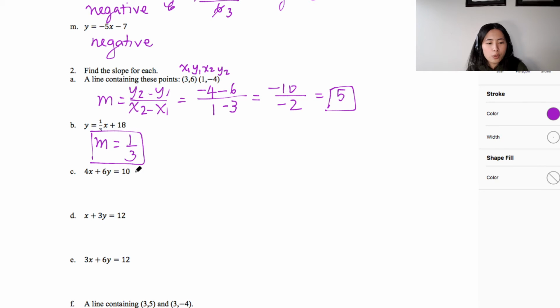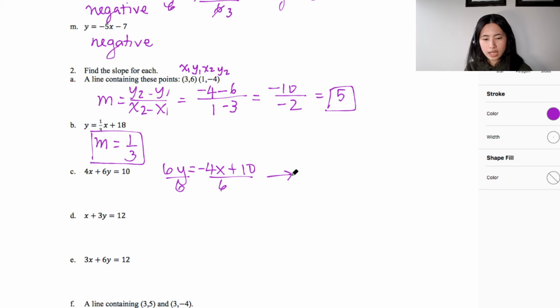Okay, so now we have 4x plus 6y, which is equal to 10, right? Because it's in the standard form, you need to rearrange your equation. So you would have 6y is equal to negative 4x plus 10, and you're going to divide both sides by 6.